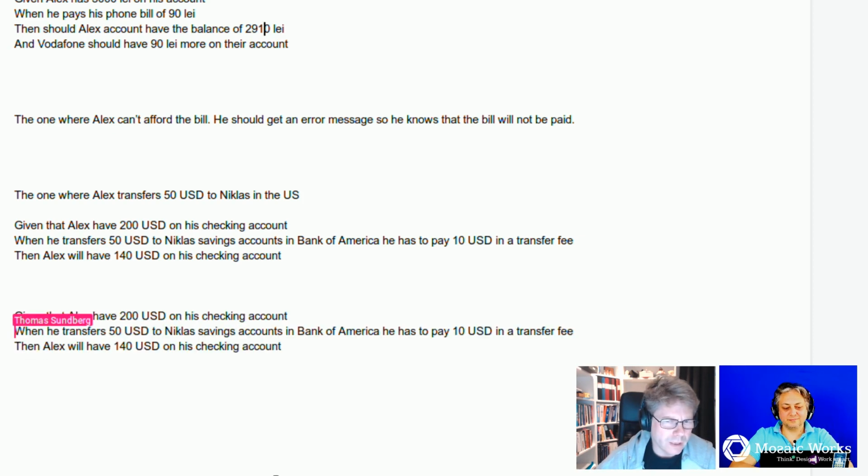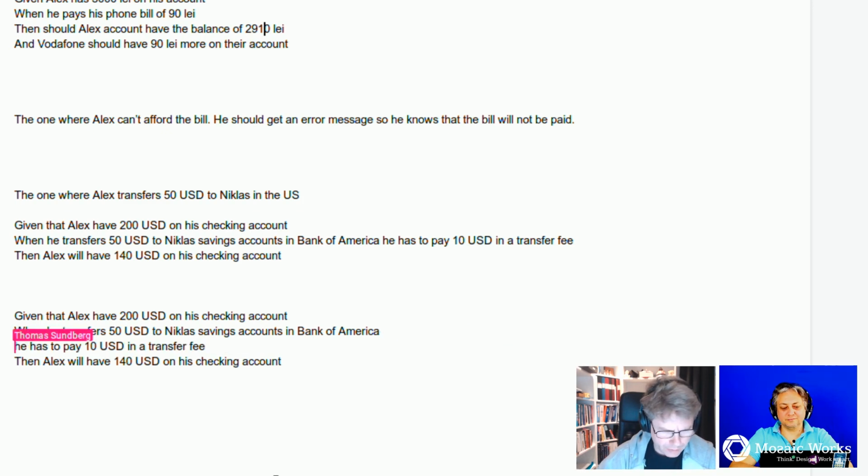And the way to do that could be to put in and here. So given that Alex has $200 on his checking account, when he transfers $50 to Niklas' savings account in Bank of America, and he pays $10 in a transfer fee, then Alex will have $140 on his checking account.